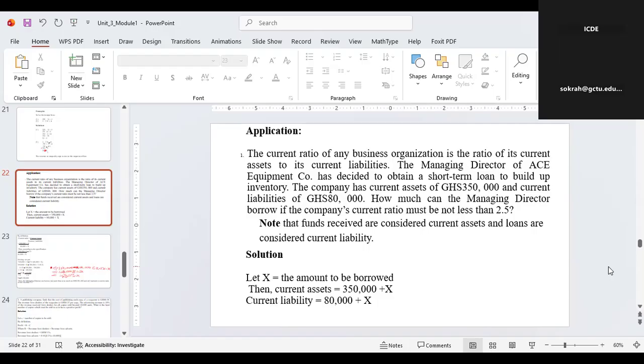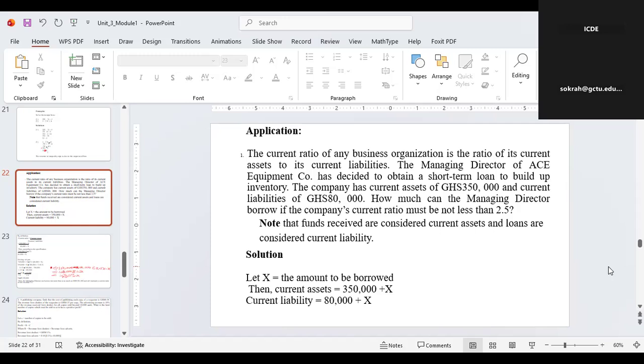So if you look at the question, the current ratio of any business organization is a ratio of its current assets to its current liabilities. Now, the managing director of ACE Equipment Company has decided to obtain a short-term loan to build up inventory. The company has current assets of 350,000 and current liabilities of 80,000.